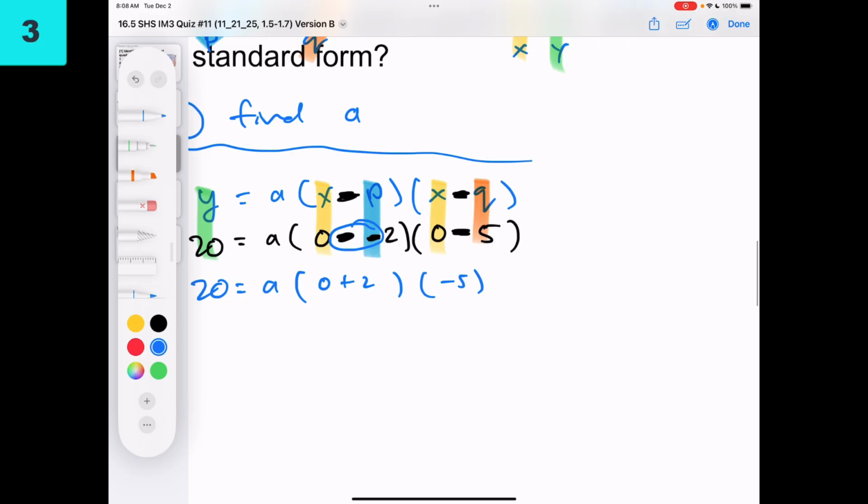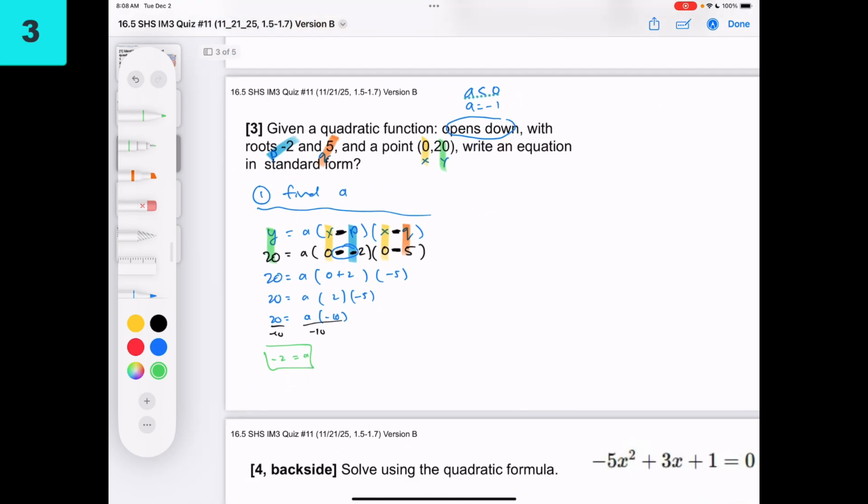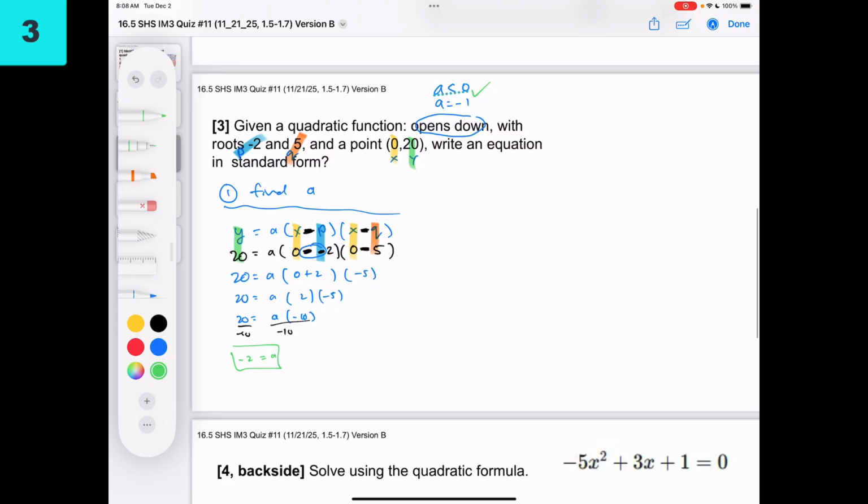It's -5. So I have 20. 2 times -5 is -10. Divide by -10. And this verifies that A is -2. Right. We already knew that from up here.